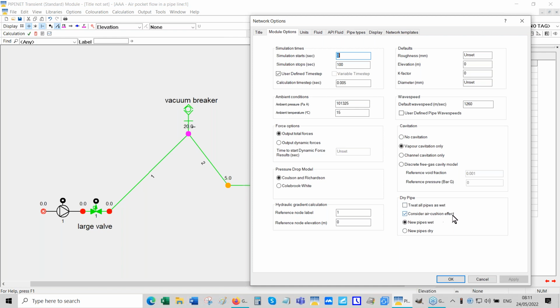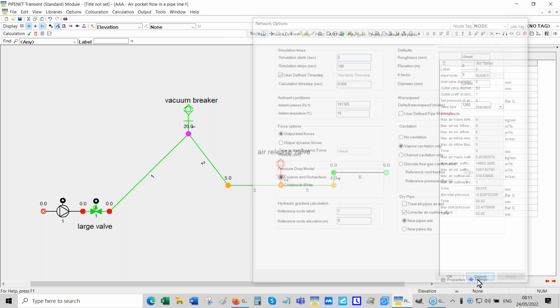It's not called dry pipe 2, because there are other items which actually work in conjunction with the dry pipe 2 model. That's a basic introduction to how you choose the dry pipe model. So if you want to use dry pipe 2, you must click on this, and that will bring in other options, such as the air valve being active.